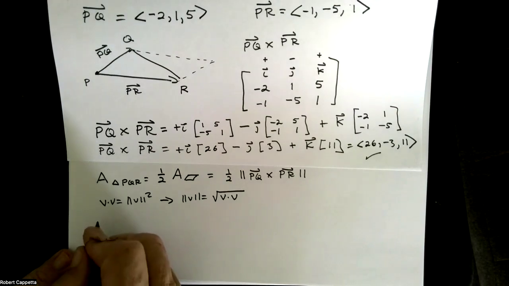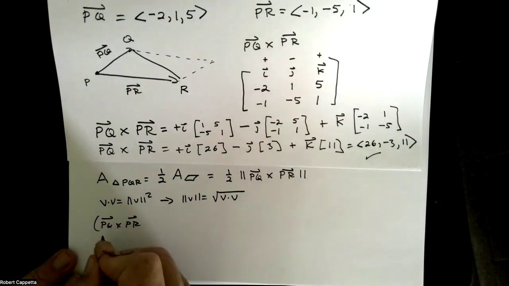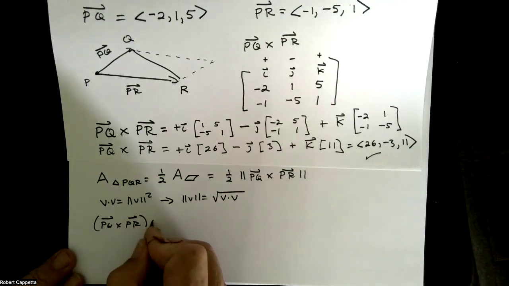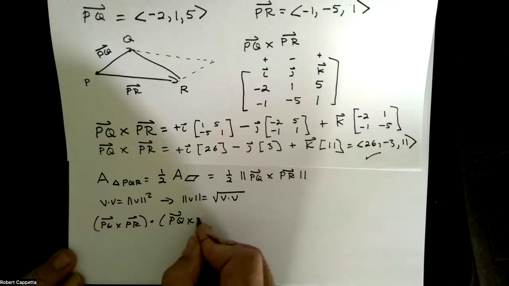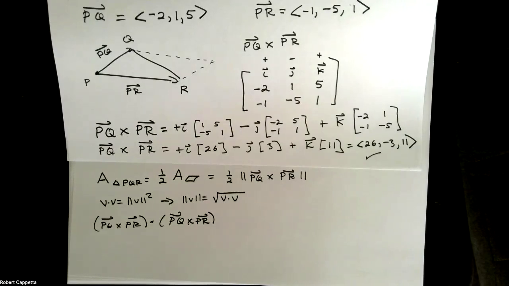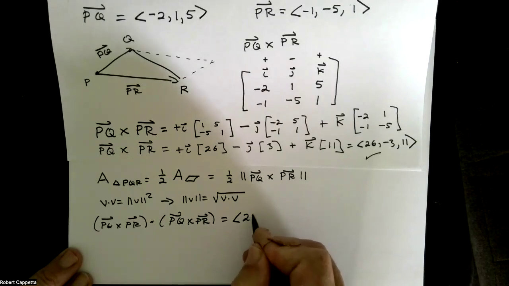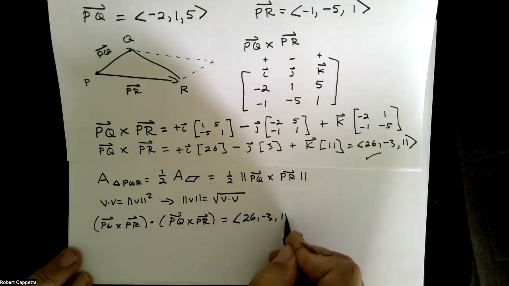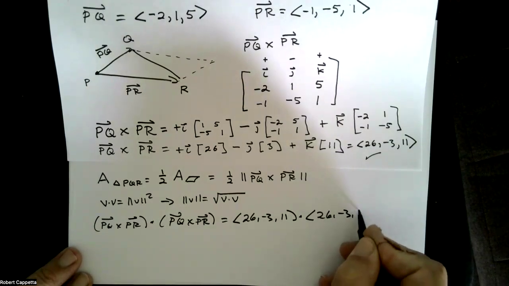So what is that going to be? We have this vector PQ cross PR. I want to do what with that? I want to take the dot product of that with PQ cross PR. Taking the dot product with itself, sort of thinking about how the Pythagorean theorem works. So that's 26, negative 3, 11, dotted with 26, negative 3, 11.